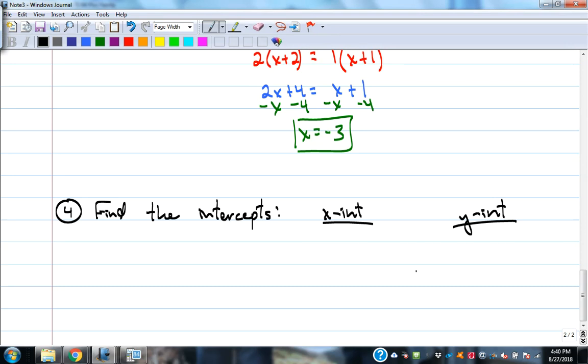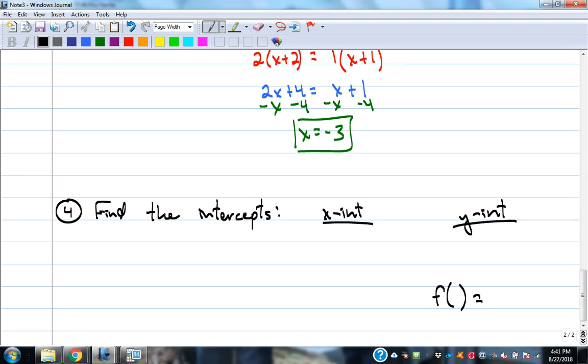Y-intercepts are the easiest to find. How do you find a y-intercept for any equation? You plug in what for x? Think back to our first example, that picture where we talked about the y-intercept. What was the x value when it crossed the y-axis? 0.